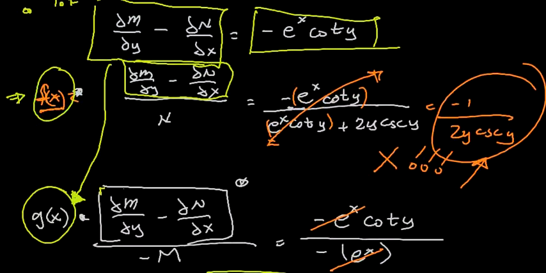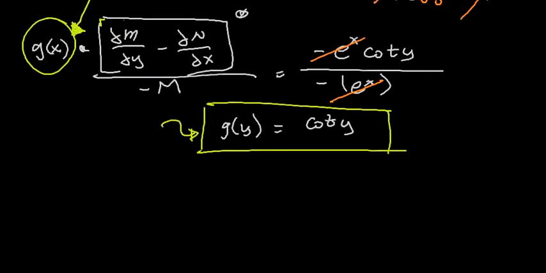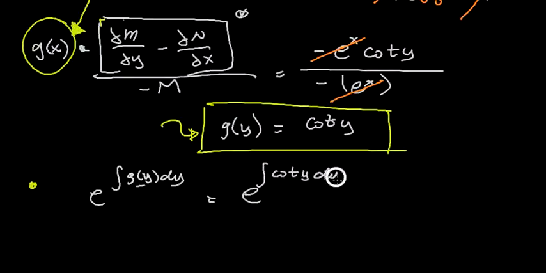Okay, so going back, our integrating factor is e to the integral of g of y dy, wherein our g of y is cotangent y.